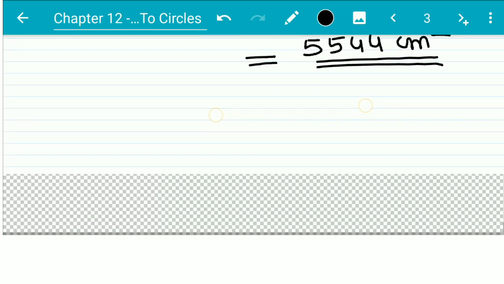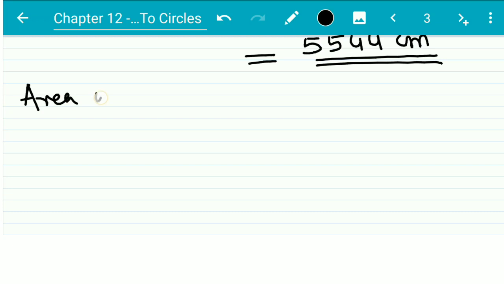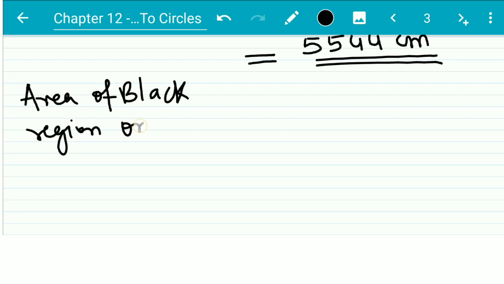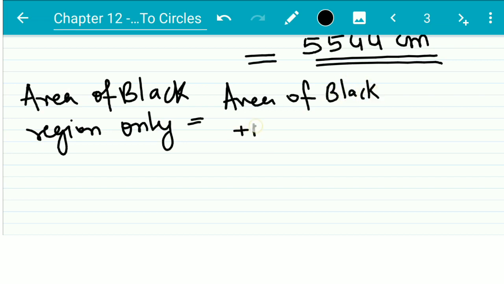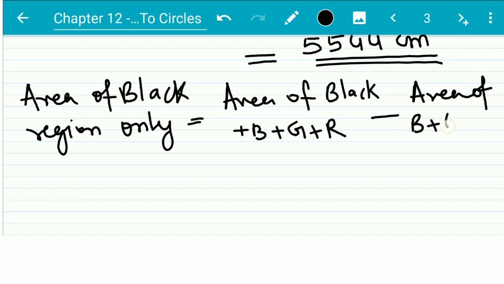So right below, area of black region only equal to area of black plus blue plus gold plus red minus area of blue, gold and red.